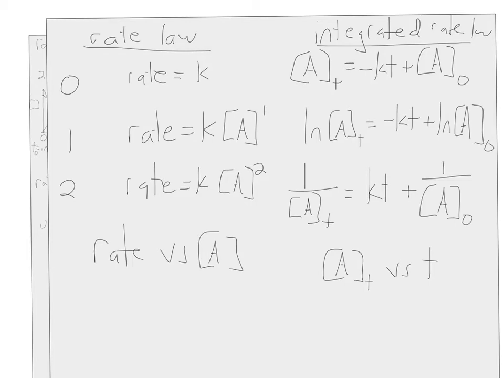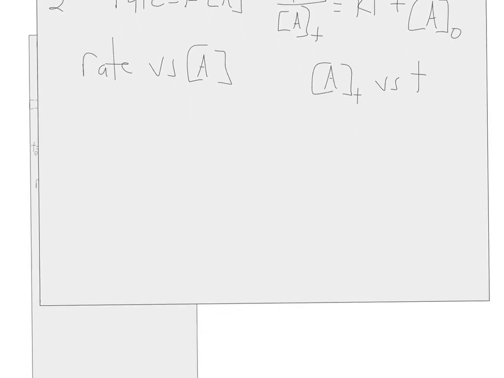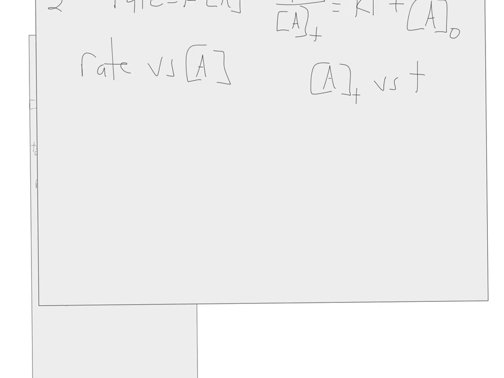Now, when you get these rate laws, you can go back and forth between them. If you know that it's zero order, you can use both equations. So the problem sets you see for these are pretty similar in terms of what you're asked to do.